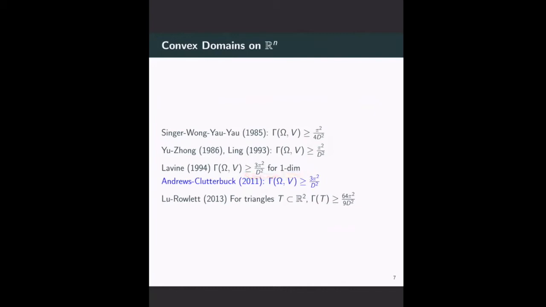Yes, we did it in one dimension, but there's a potential here that makes it more interesting. And Ben Andrew and Judy Clutterbuck in 2011 solved the conjecture. So they did prove that the fundamental gap is greater or equal than 3 pi square over d square. For triangle, it's a little bit higher, 64 pi square over 9d square.